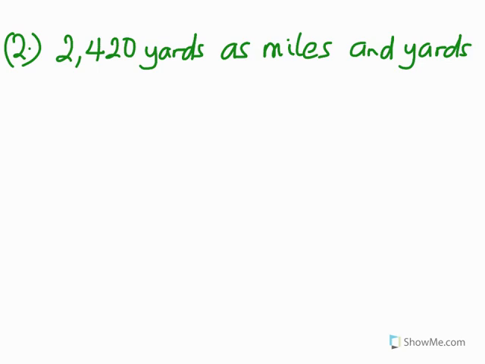2,420 yards as miles and yards. All right. We know that 1 mile makes 1,760 yards. Miles is the bigger unit. Yards is the smaller unit. So we are given the original quantity in the smaller unit.